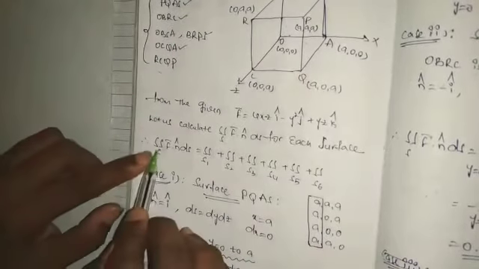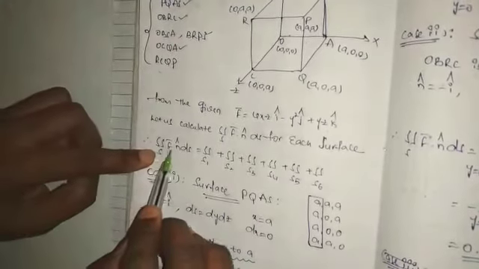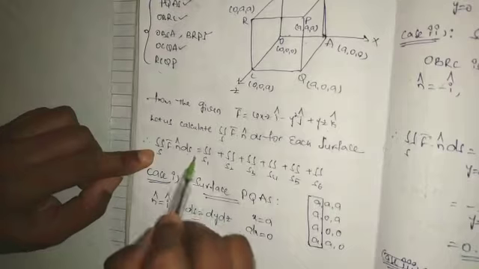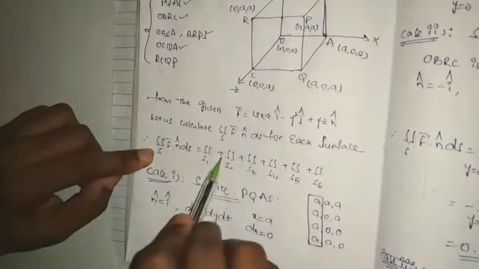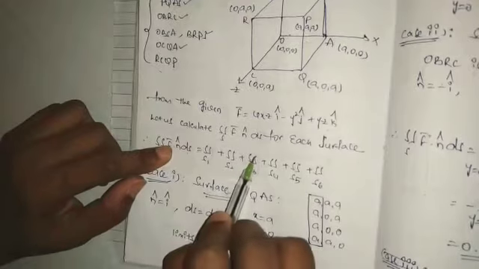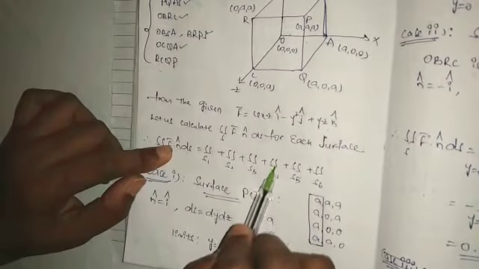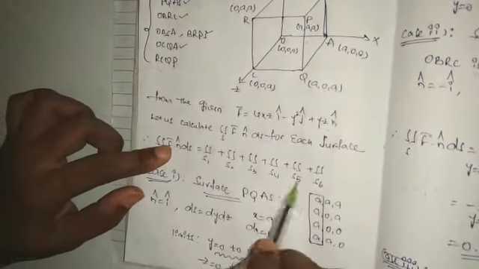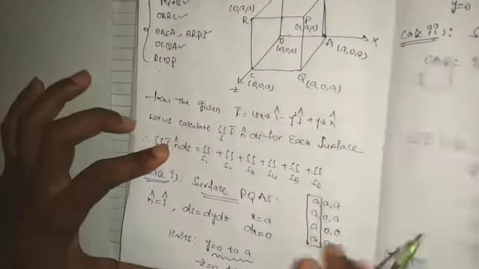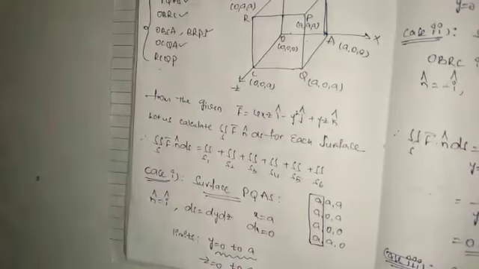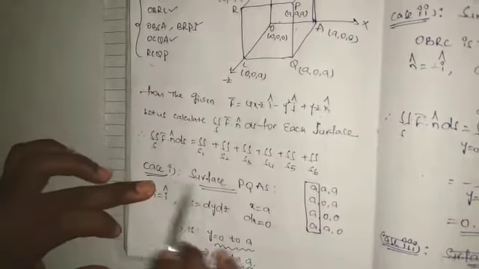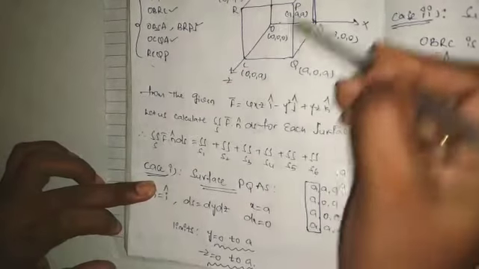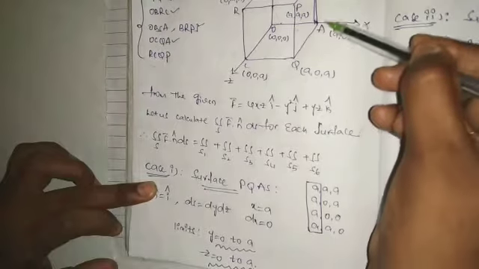Now the total surface integral of F bar dot n cap dS equals the sum over the 6 surfaces: double integral over S1 plus S2 plus S3 plus S4 plus S5 plus S6. Now see the first case: surface PQAS.